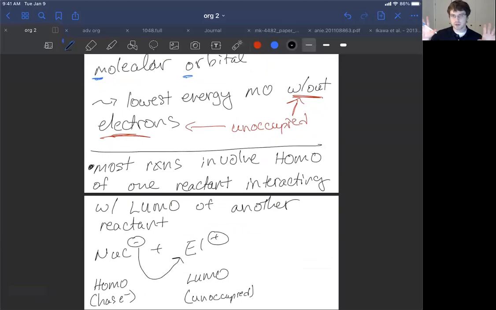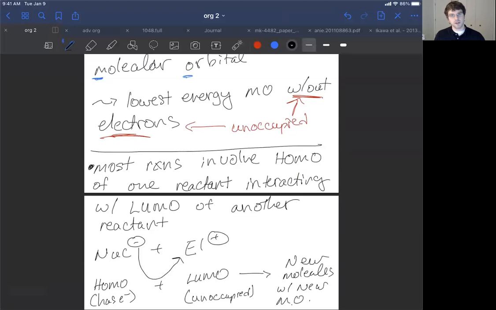A HOMO interacting with a HOMO, both of these have electrons, so it doesn't make much sense to interact those two. But the HOMO and the LUMO, one with electrons, one without, can interact to form new molecular orbitals during the course of a reaction. So new molecules with new molecular orbitals.